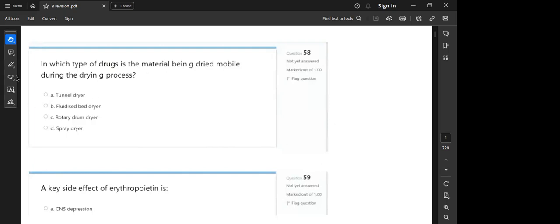B according to G, fluidized bed dryer. Okay. Right. So in the tunnel dryer, we put the powder, whatever material it is, on a tray, and then it moves. So that one is still moving. Fluidized bed dryer, that's like the one we mainly have in industries where they put that.